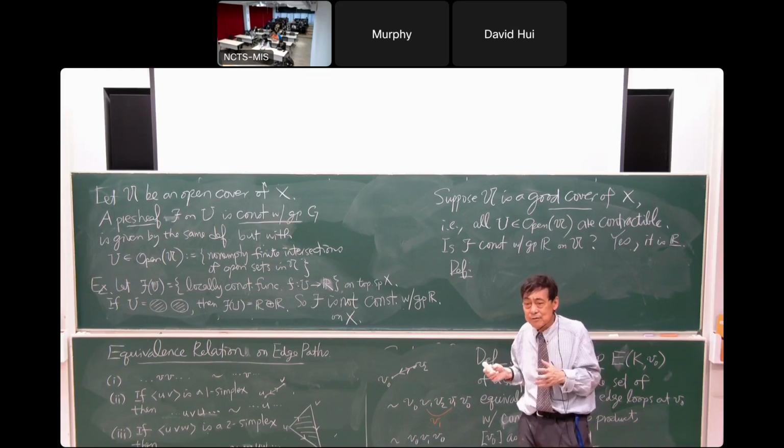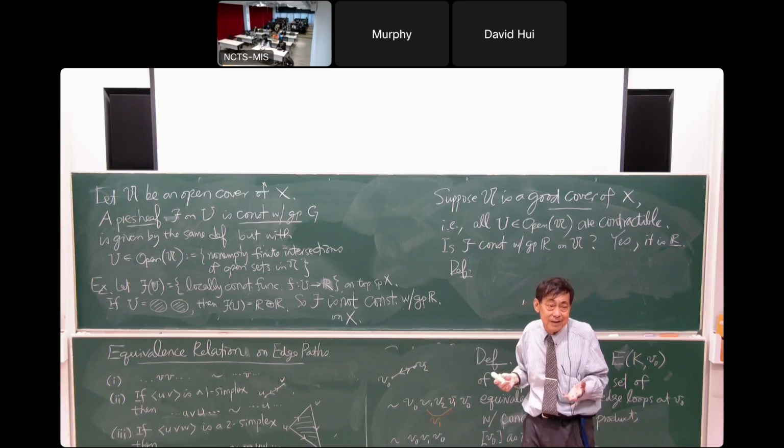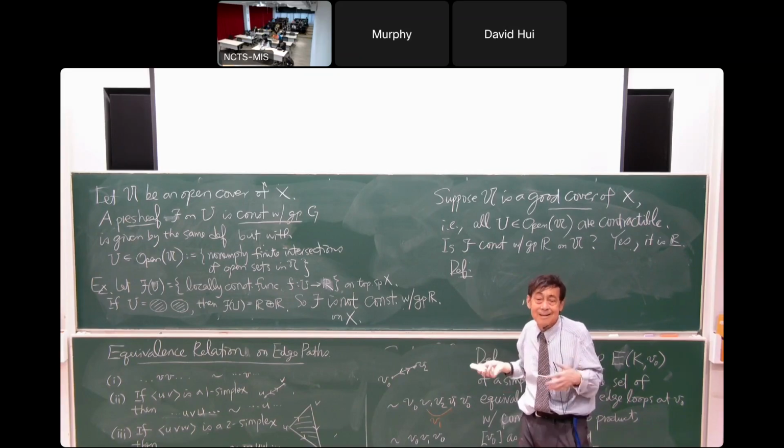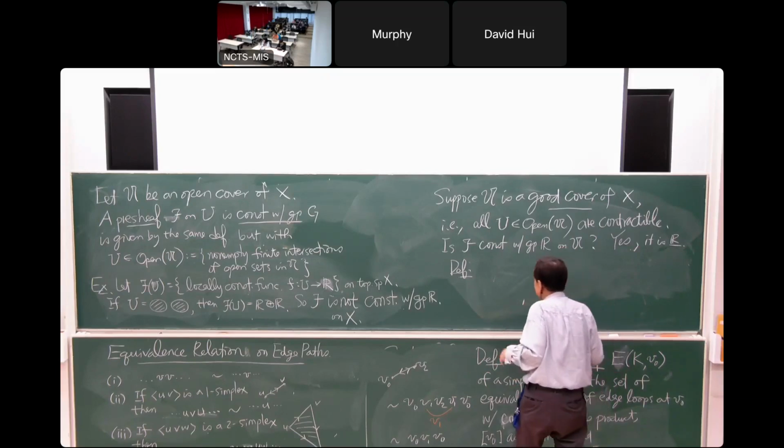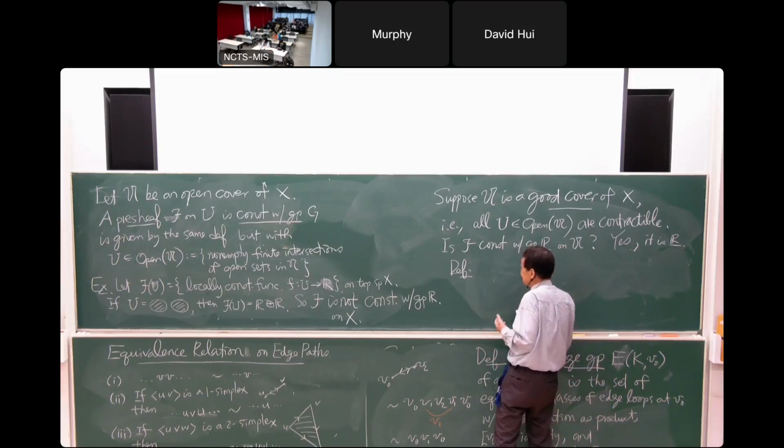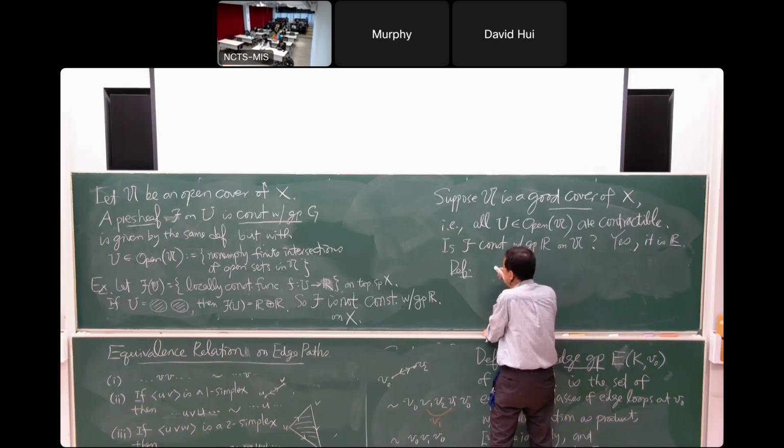They don't look at pre-sheaves. But as you have seen, you don't need sheaves. All you need is pre-sheaves. So nobody else does it this way, and that's why they don't define locally constant pre-sheaves.